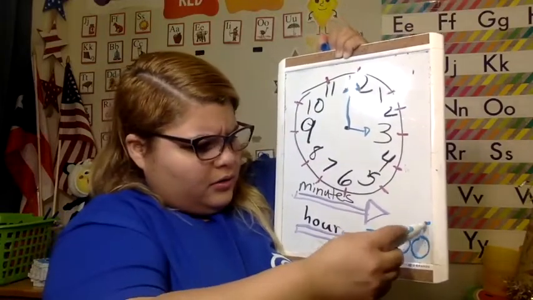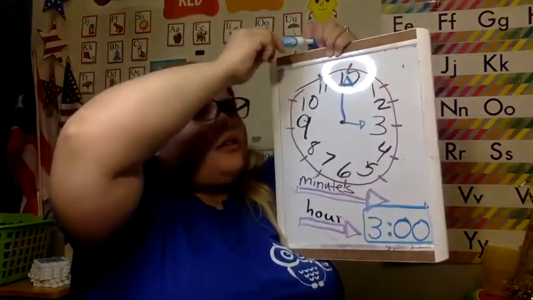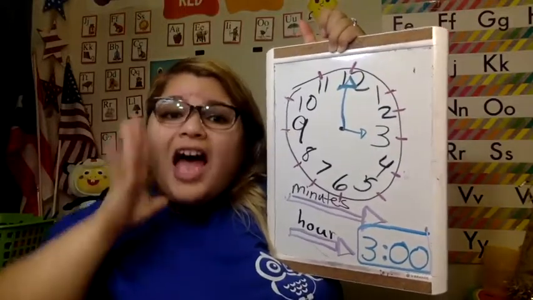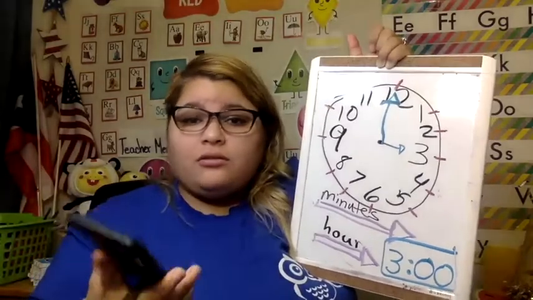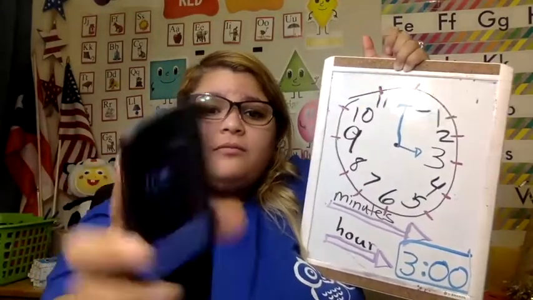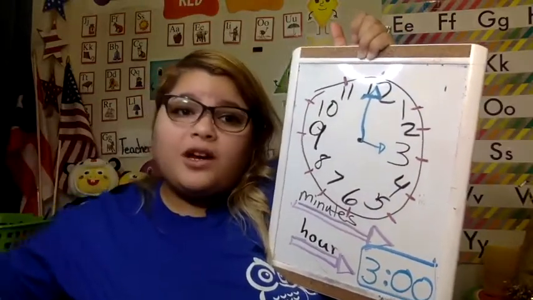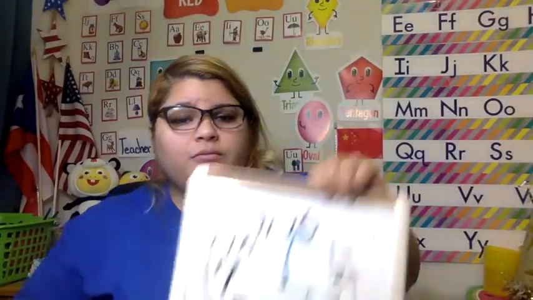Look! When you see the hour written like this, it is called a digital clock. You can find digital clocks on cell phones. You can also find digital clocks when you wear a watch.